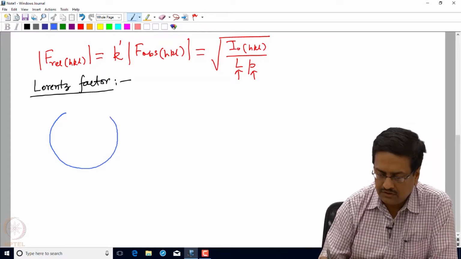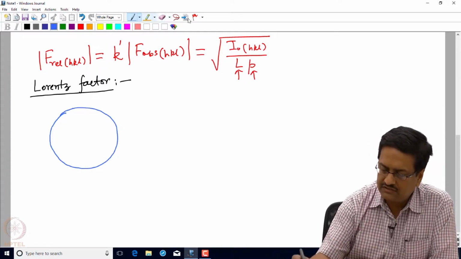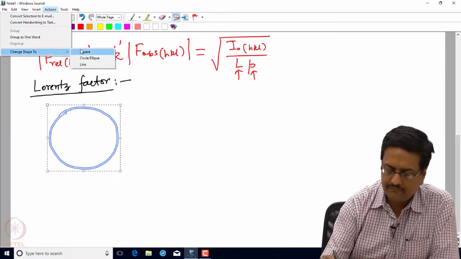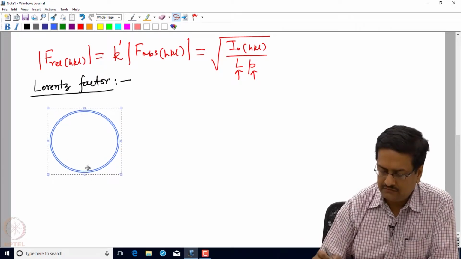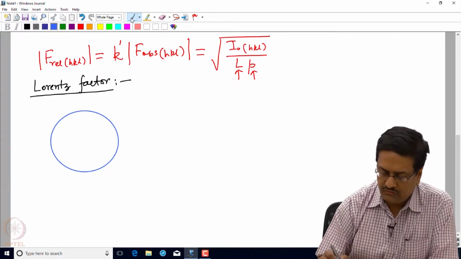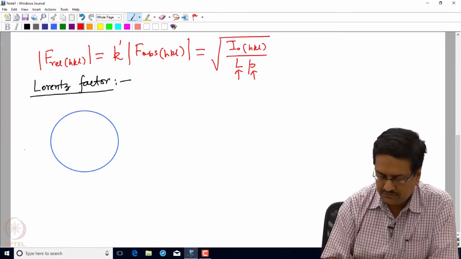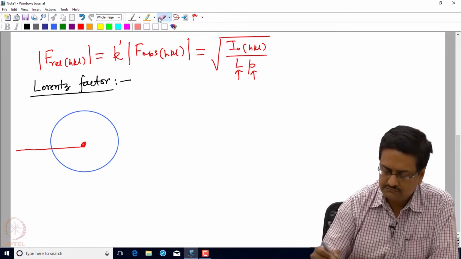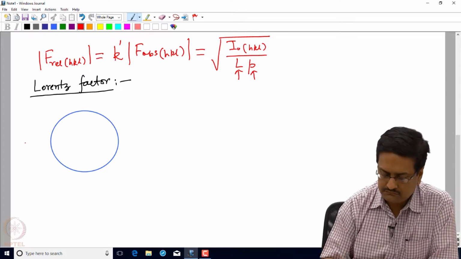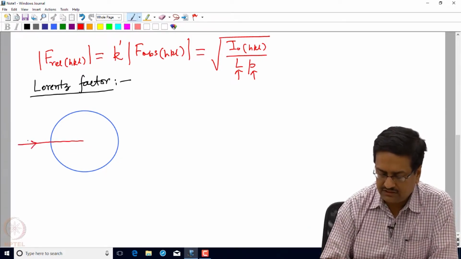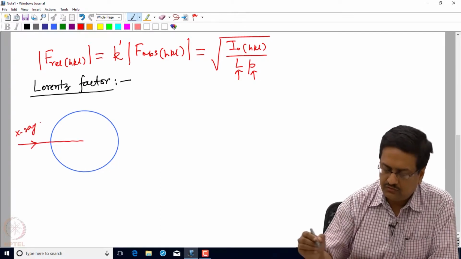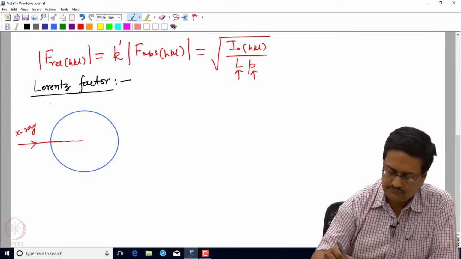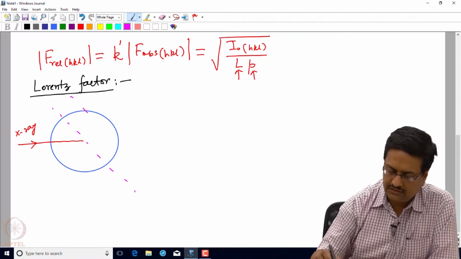if this represents the Ewald sphere and we have incident X-ray beam coming from this direction and meeting the crystal, here the incident X-ray beam, we have reciprocal lattice points like that.